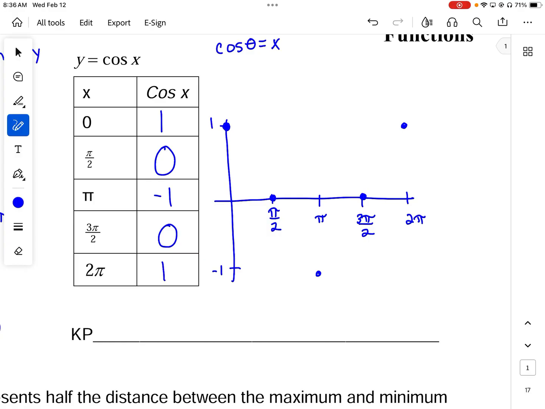So we're going to follow that same pattern of connecting it with a smooth line, and put arrows on the ends. So sine went through the origin. Cosine didn't. It started at the y-intercept of 1.